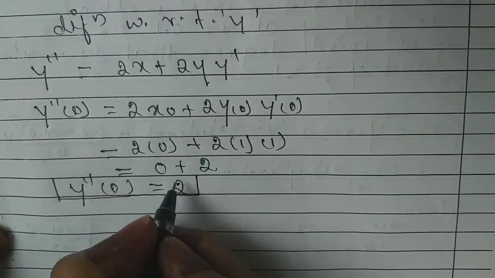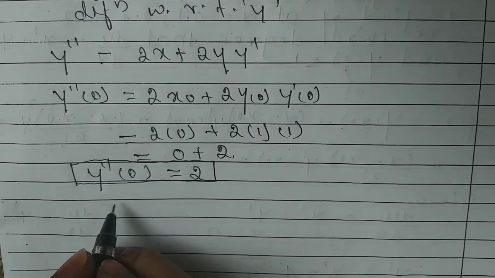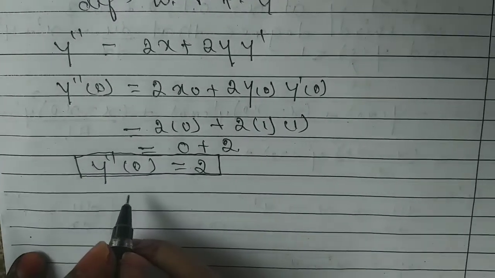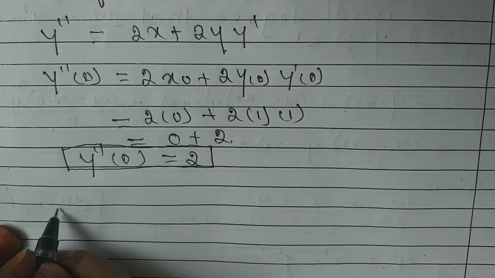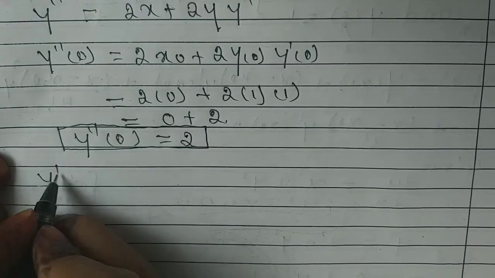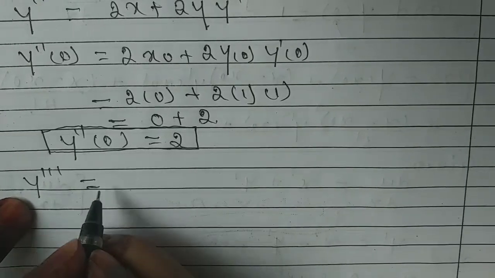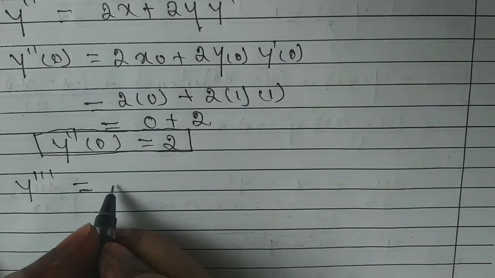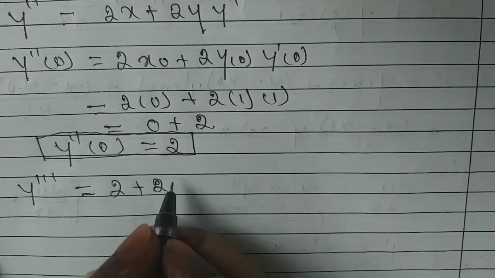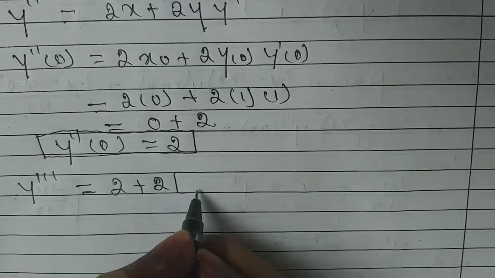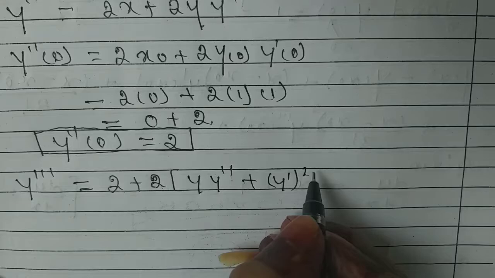Now I will find the y triple dash of 0 value, because the question asks up to the third degree. Similarly, y triple dash means differentiating the third time: 2 plus, here I apply the product rule, that is y double dash plus y dash whole square.